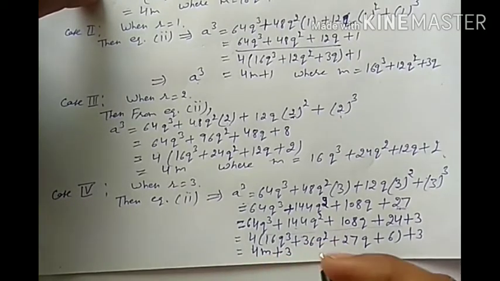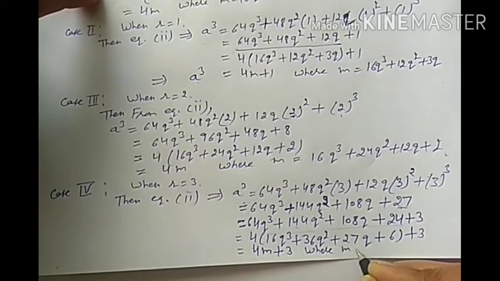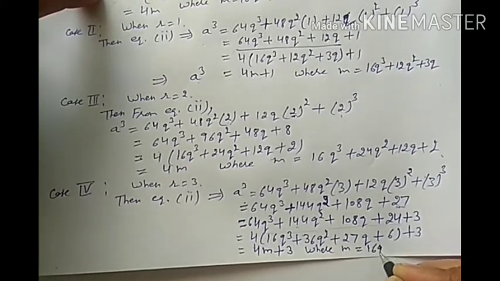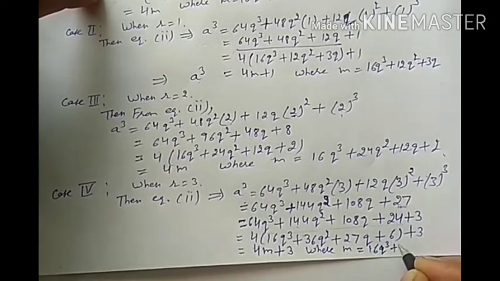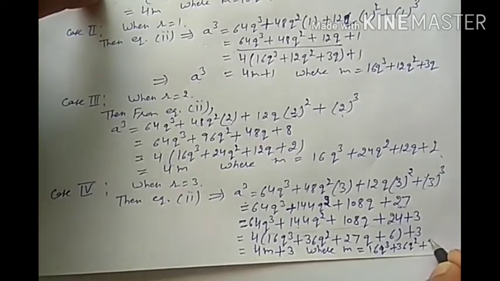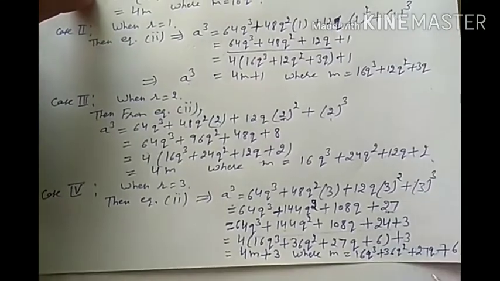And what is m here? Where m is equal to 16q cube plus 36q square plus 27q plus 6.